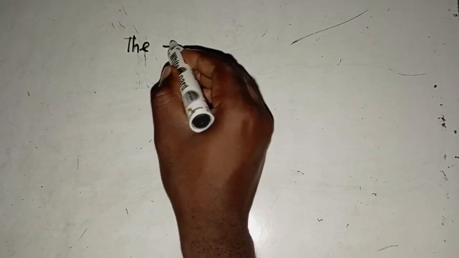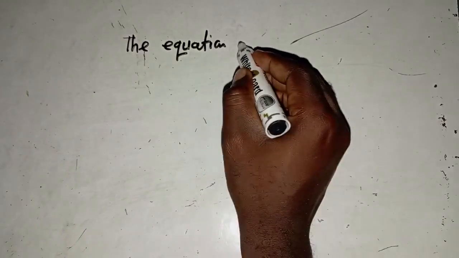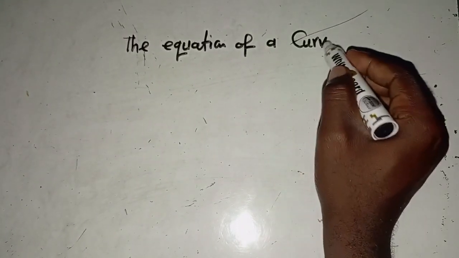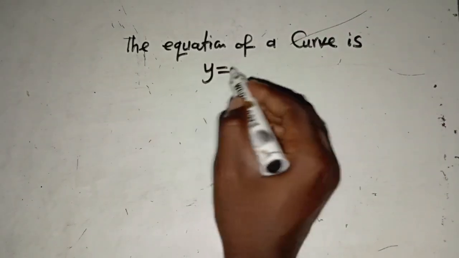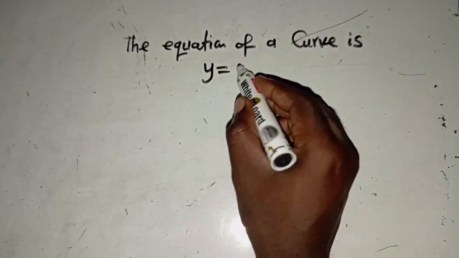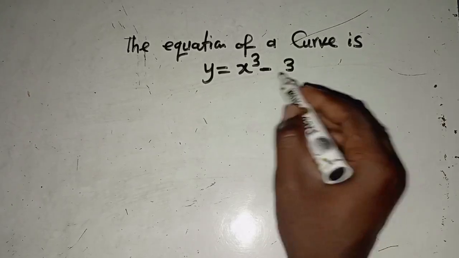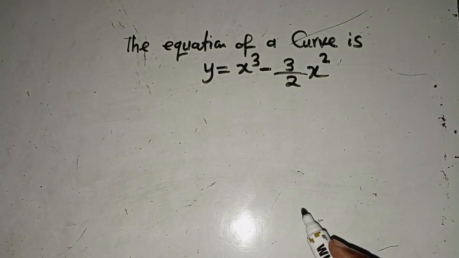The equation of a curve. The equation of the curve is y is equal to x cubed minus 3 over 2 x squared. That is what you are given.